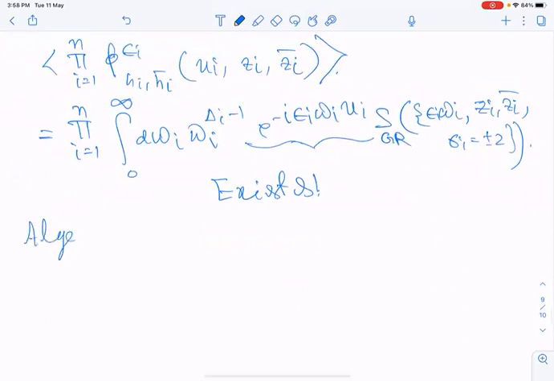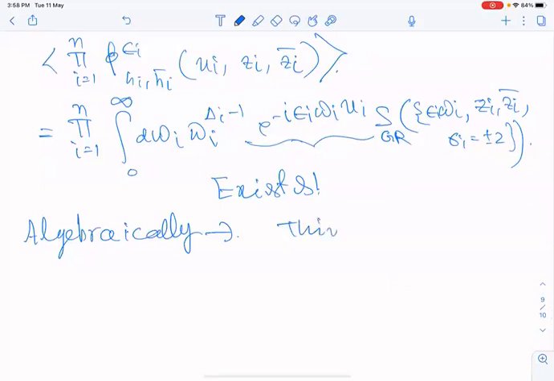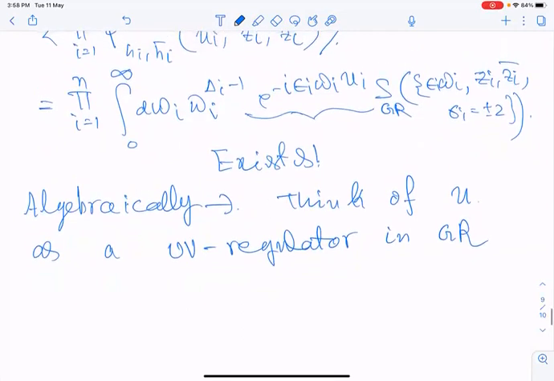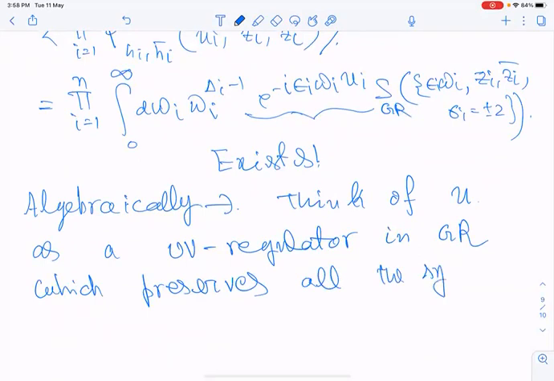Think of U as a UV regulator in GR, which preserves all the symmetries of the theory.